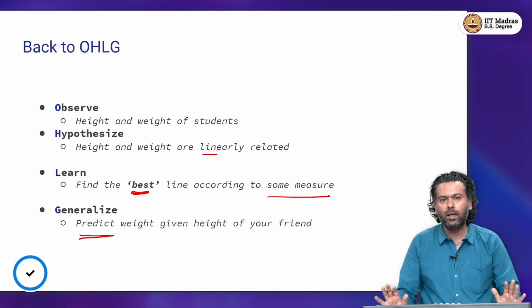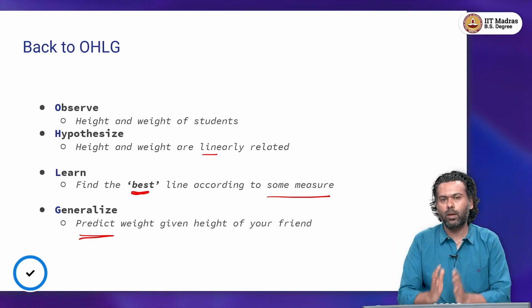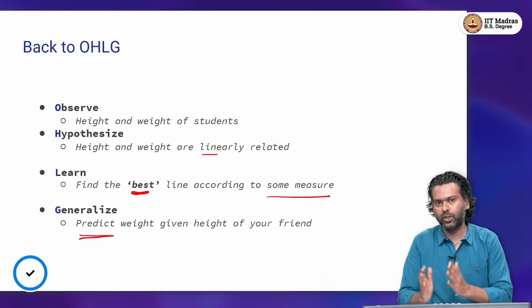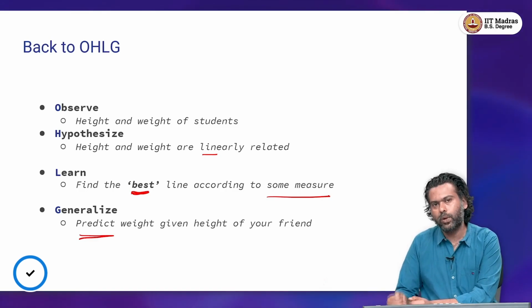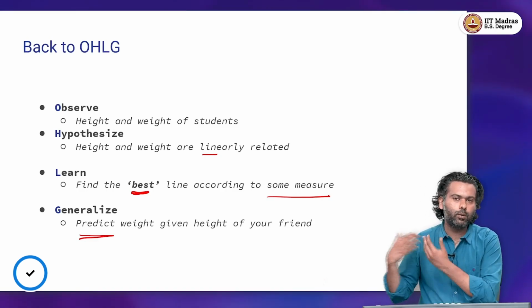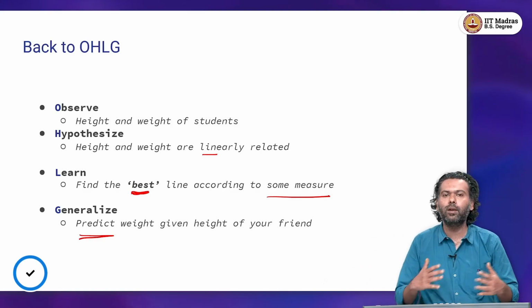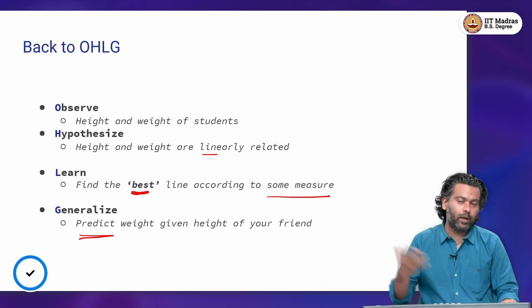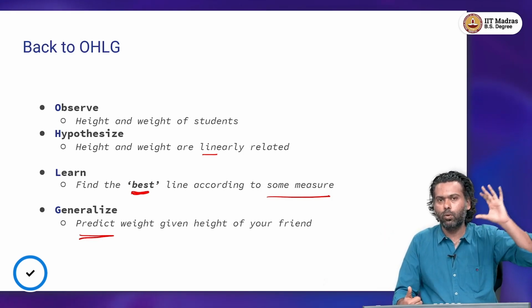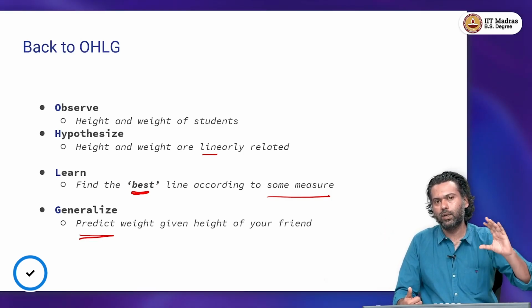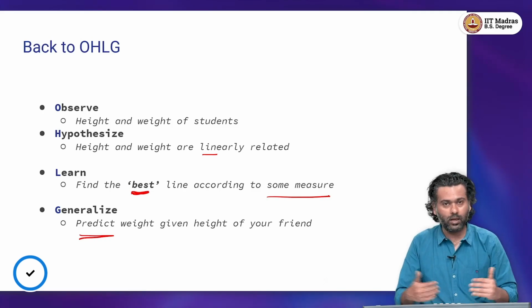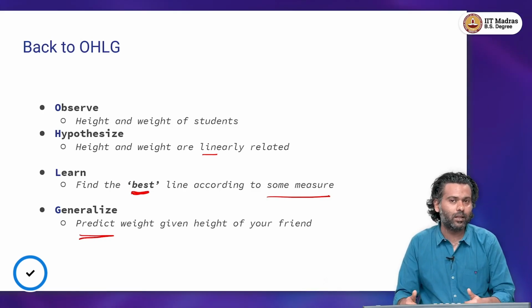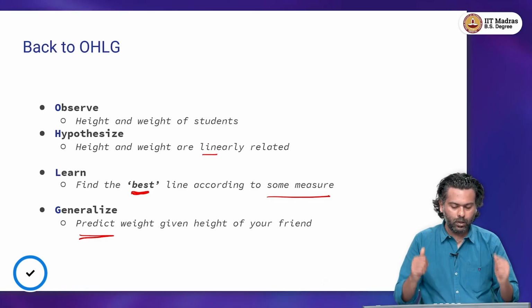But the bigger idea is you are observing something, you are hypothesizing some relationship, and then you are finding out the best way to relate input to output, and then you are using that to generalize. Whenever you are seeing a paradigm or an algorithm, later on also ask what the OHLG question and points are for your algorithm, for your paradigm or your setting that you are thinking about. Okay, great.